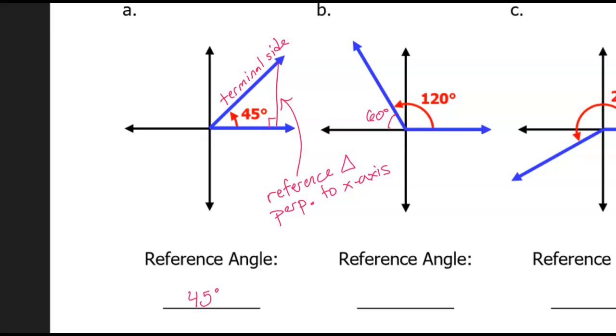How do we get that? 180 minus 120 gives us 60. So our reference angle here is 60 degrees. Reference angles are never negative. You're not considering them to be negative. It's just the angle we're using for reference in this problem. And then I create my reference triangle by drawing a line from my terminal side perpendicular to my x-axis.